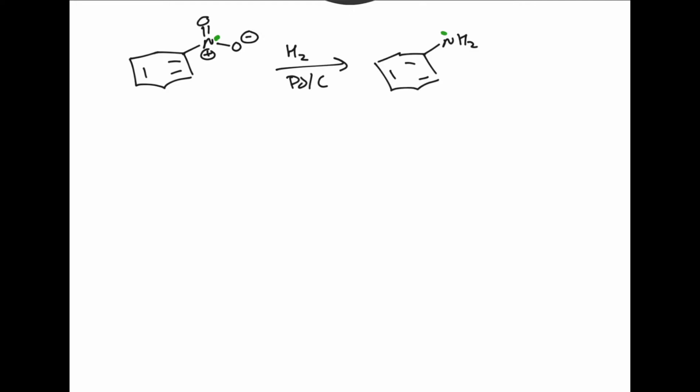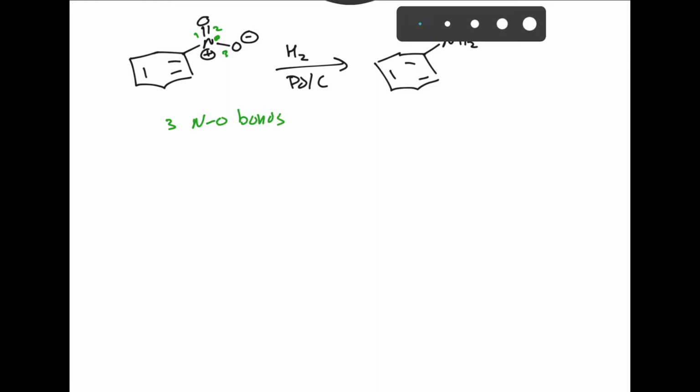I'm going to say 3. There are 3 bonds between a nitrogen and an oxygen, right? 1, 2, 3. And there are 0 NH bonds.